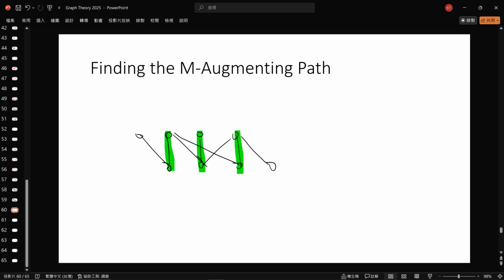The first step is to find a starting point. Because in a path you have two endpoints, we're going to find the first endpoint. If it is an M augmenting path, then the two endpoints must be not saturated, or not matched by the green matching. So we'll just focus on this one, and we're going to start here.